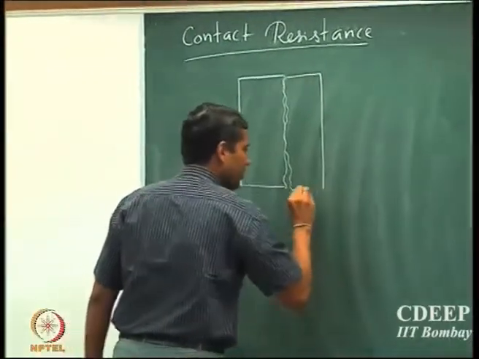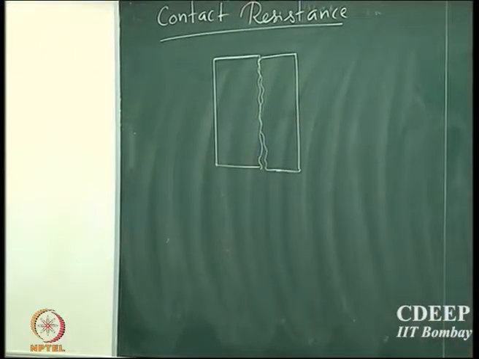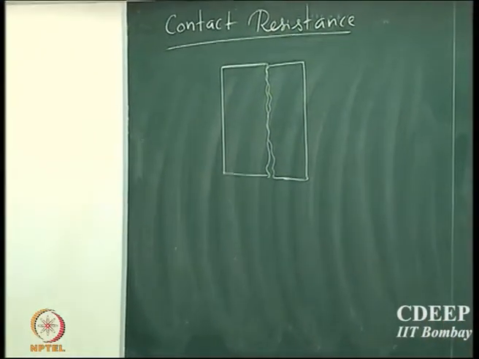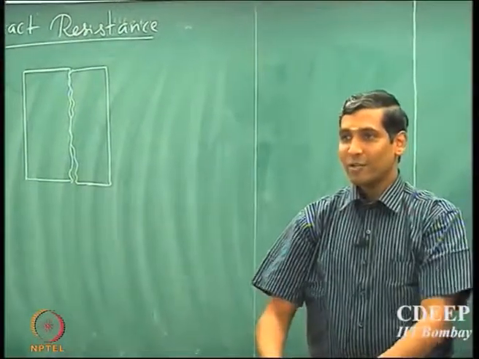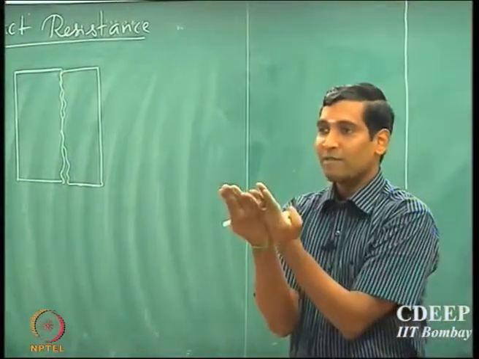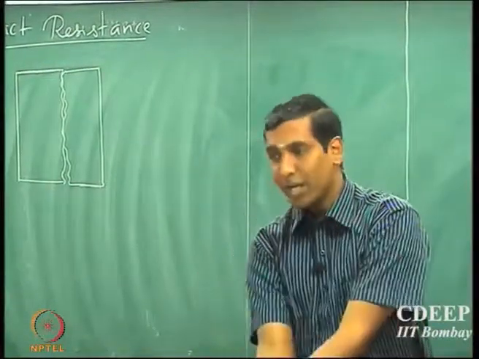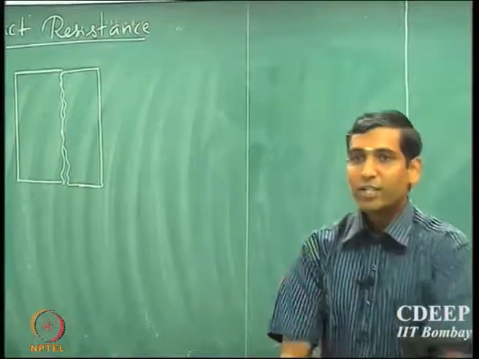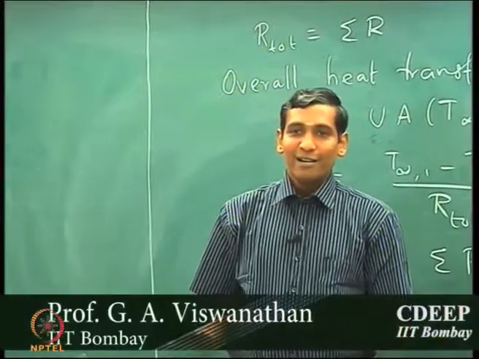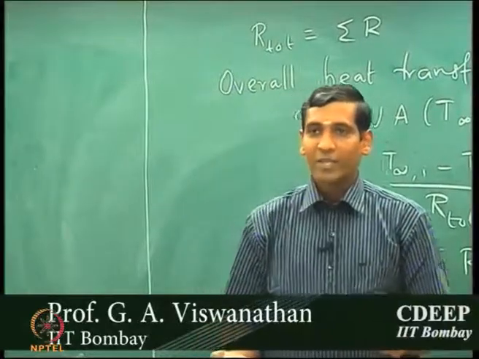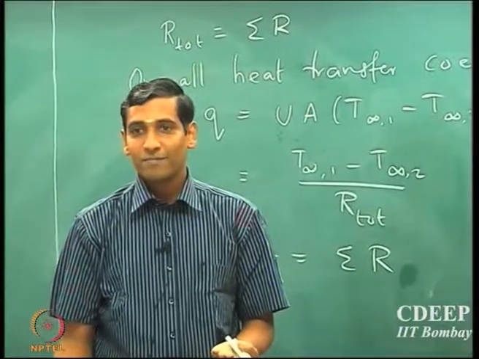However, in reality that need not necessarily be the case. When you say smooth, it's smooth all the way up to the microscopic level, right? So it's not the smoothness that you observe with your eyes, it's the smoothness that you would observe when you see under a microscope. There's no reason why you should expect that the wall that you are having has a smooth surface all the way up to the microscopic level.